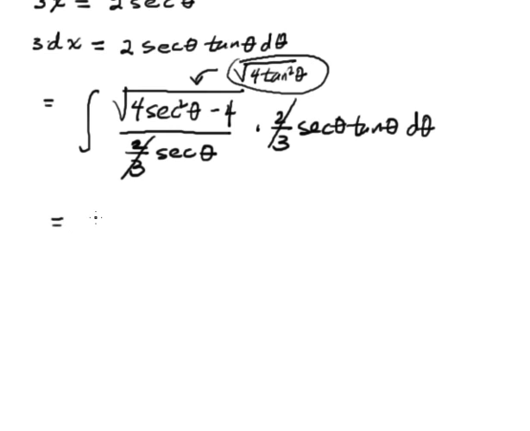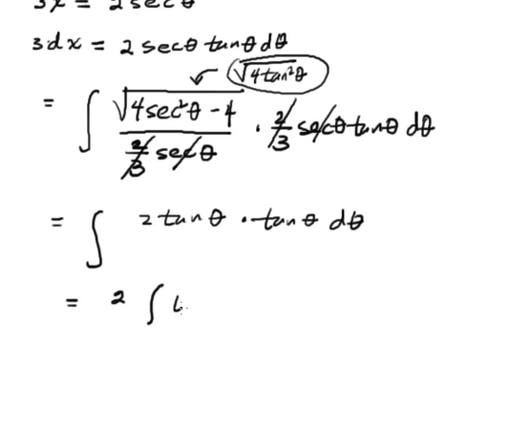So let's rewrite this. Here we have 2 tan theta, and these 2/3 cancel, and the secant theta cancels with this secant theta. So here we have 2 tan theta times tan theta. So that's the integral of 2 times tan squared theta.